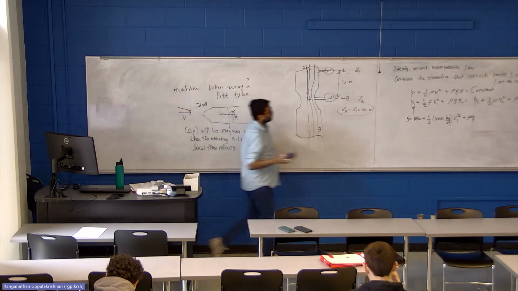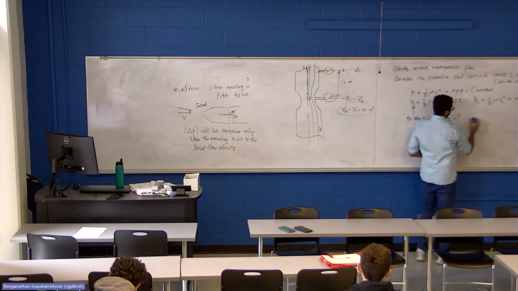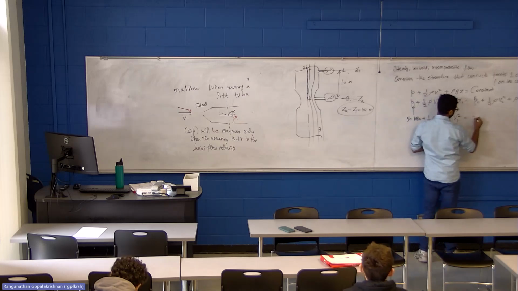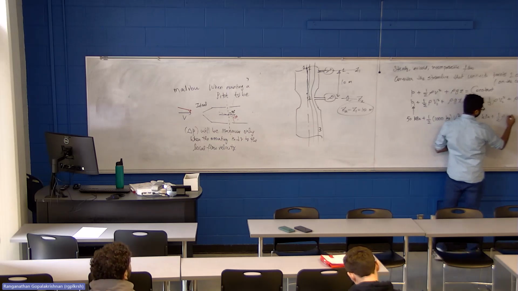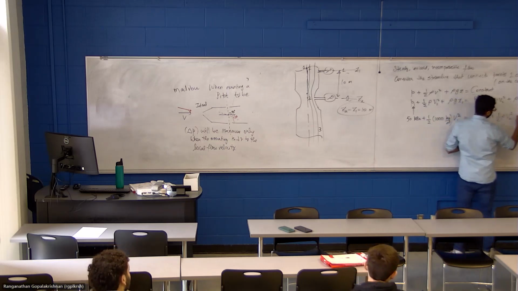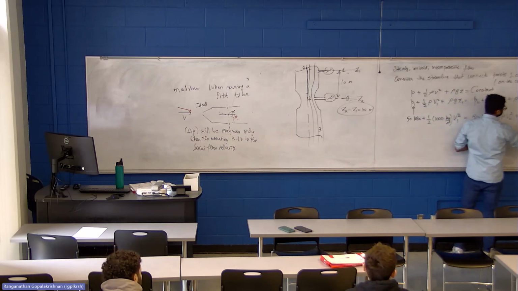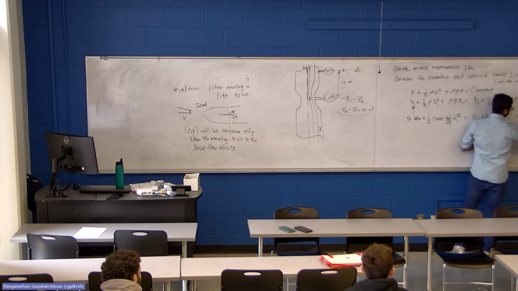Okay, so instead of writing rho G Z1, I'll just write this is equal to 50 kilopascal again for P2 plus half rho V2 squared plus rho G times (Z2 minus Z1).